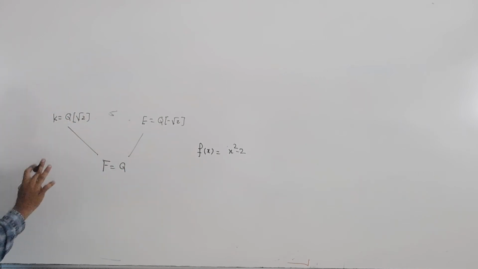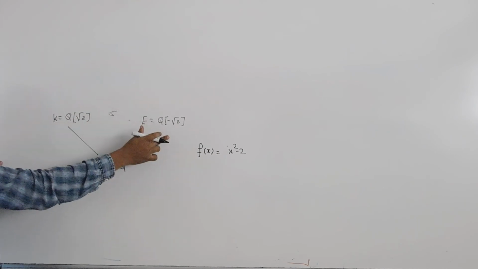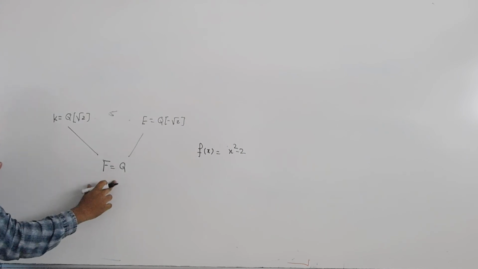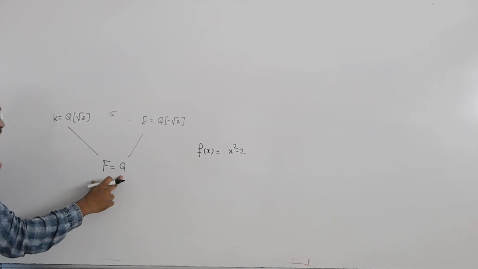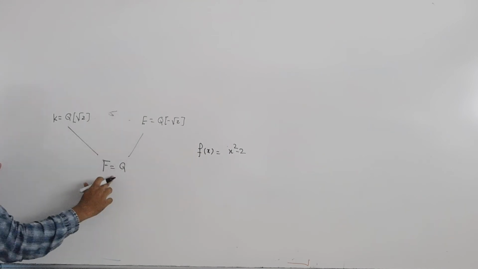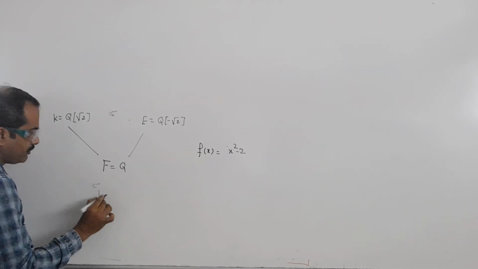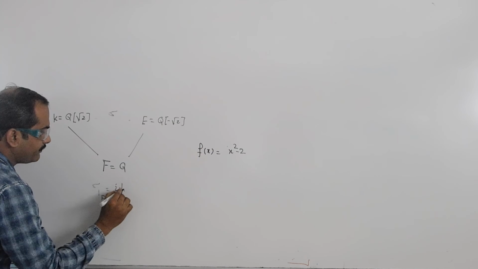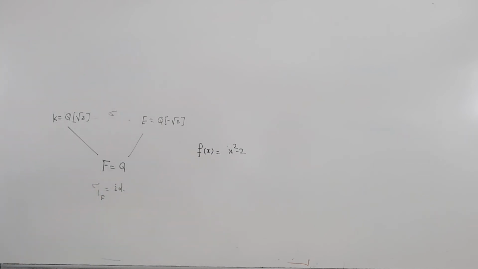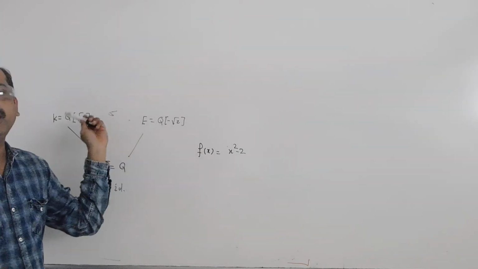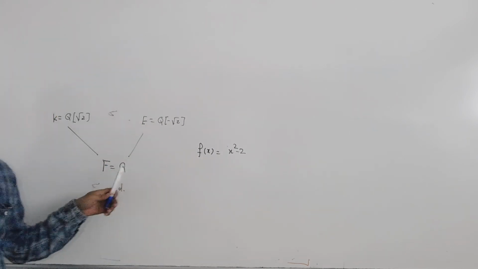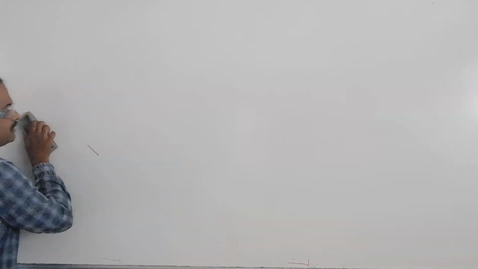You know the meaning of field isomorphism: a homomorphism, one to one and onto, with the property that on the rational numbers, that is on F, sigma is the identity map. So that is the uniqueness: unique up to isomorphism. You can see the theory of that. I will upload the proof of this theorem in the Google Classroom, so you can see how the theorem is proved.